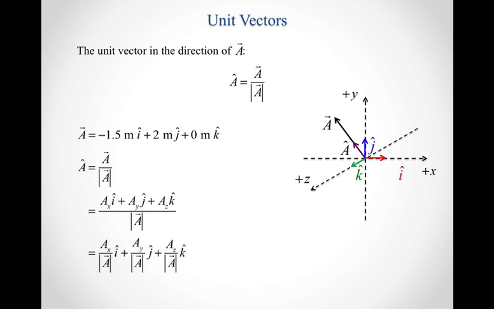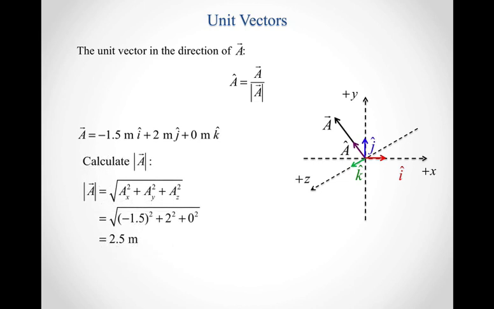And so that scalar magnitude distributes over all 3 of those terms. So I can get the x component for A hat, this unit vector, by taking the x component of vector A and dividing by the magnitude. I get the y component of the unit vector by taking the y component of vector A and dividing by the magnitude. I get the z component of my unit vector by taking the z component of vector A and dividing it by the magnitude.